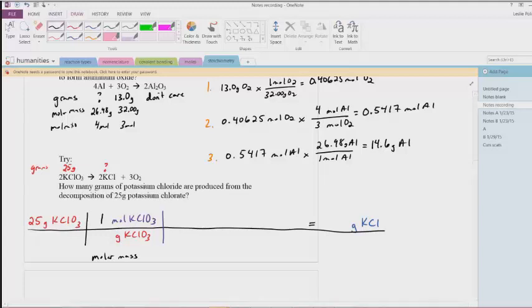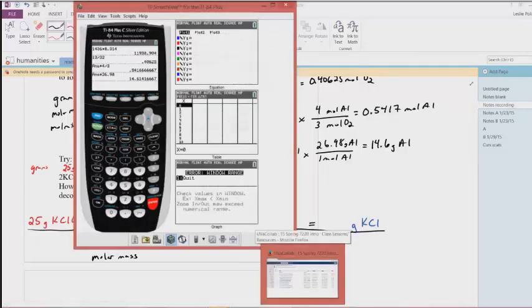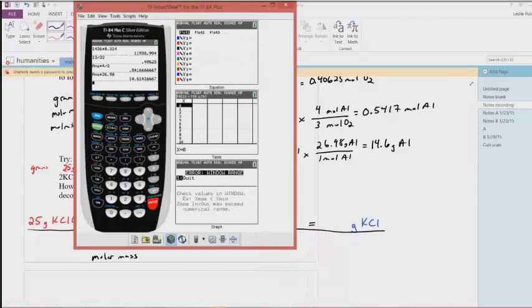molar mass. So let's add up KClO3. 3 oxygens is 48. A chlorine is 35.45. And potassium is 39.1. So we have 122.55.